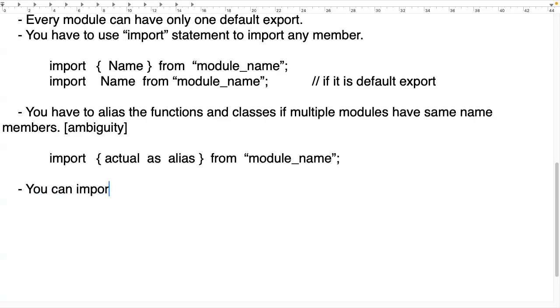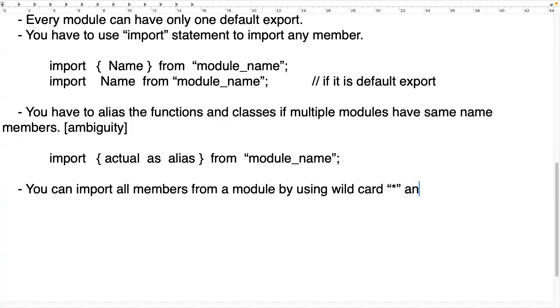You can import all members from a module by using wildcard asterisk and alias.